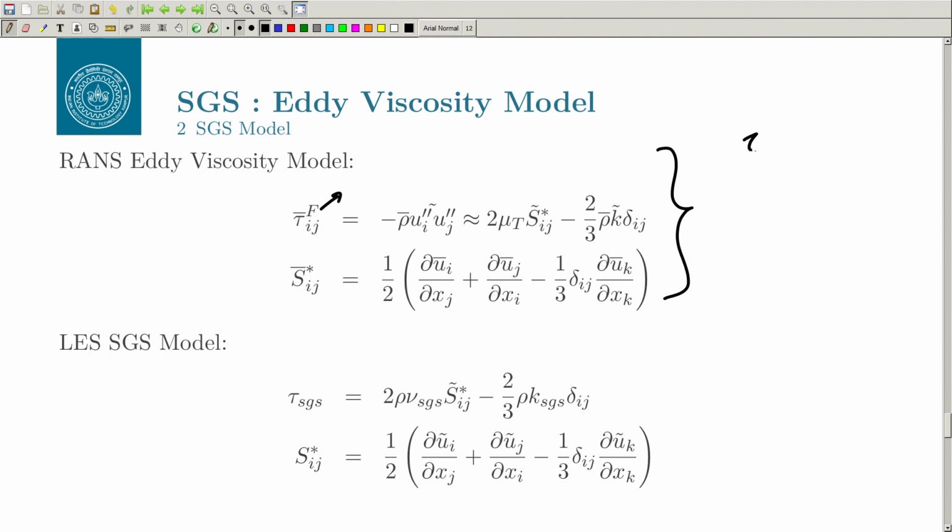In incompressible, tau ij R will just be written as 2 mu t S ij bar, and that can also be written as rho nu t into 2 S ij bar. This term comes here because we need to ensure that when you take the trace, it gives you the kinetic energy.